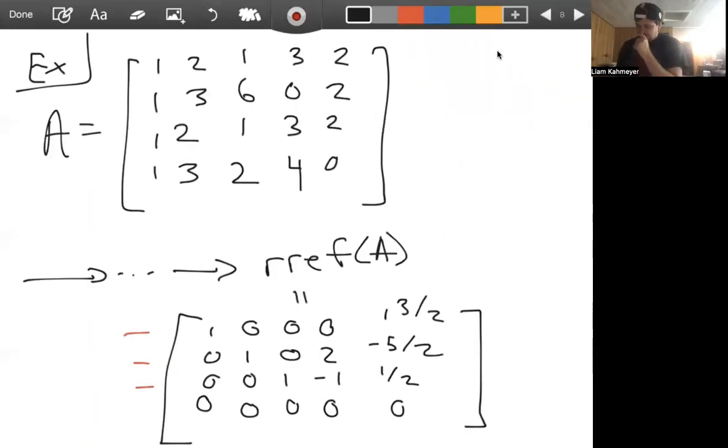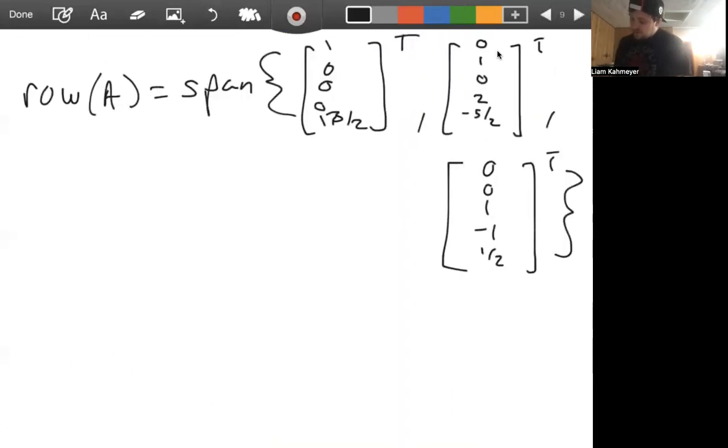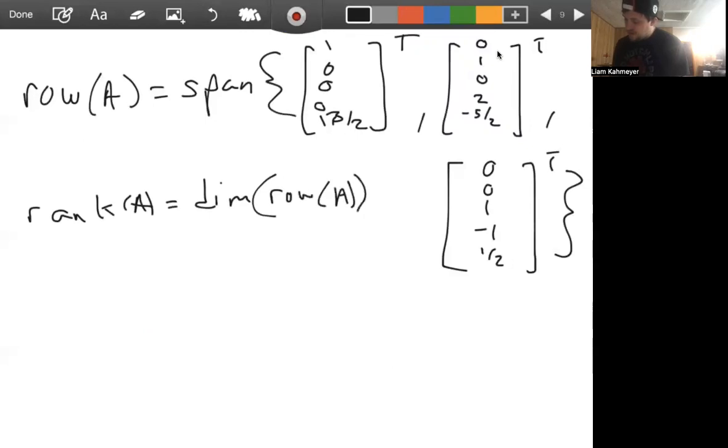That is exactly the 3 non-zero rows of the reduced row echelon form of the matrix A. This makes up your row space. Now, what does this mean the rank is? By definition, that's the dimension of the row space of A, which is 3, because that's the number of basis elements we have.